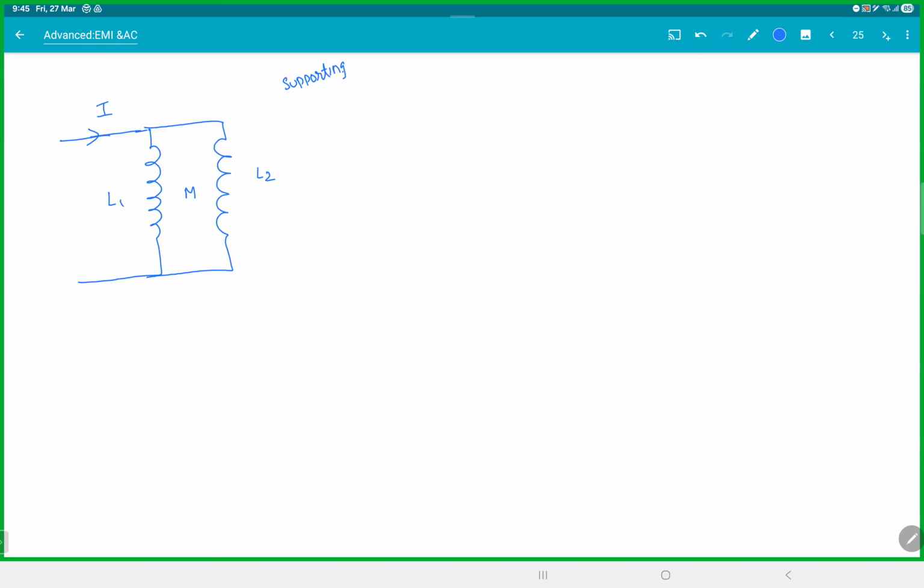They both are in parallel. So, let this current be I1, let this current be I2.